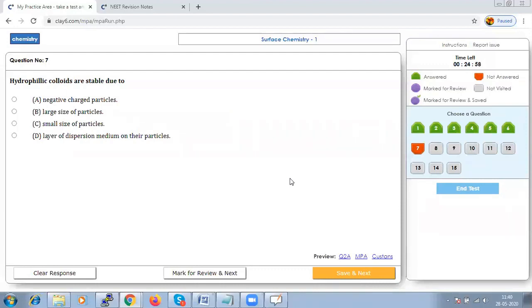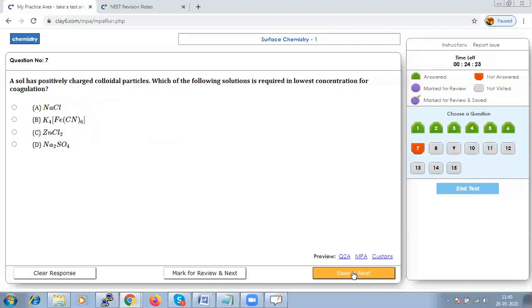Stability gets disturbed by aggregation and sedimentation phenomena, which are driven by the colloid's tendency to reduce the surface area. Hence, hydrophilic colloids are stable because of the layer of dispersion medium on their particles. Hence, our option D should be right. Let us save that and go to the next.